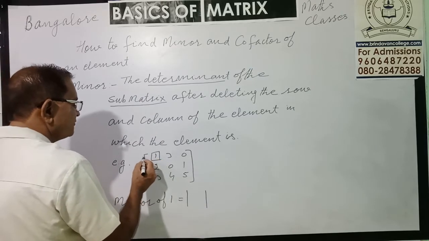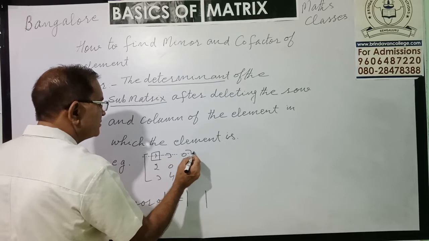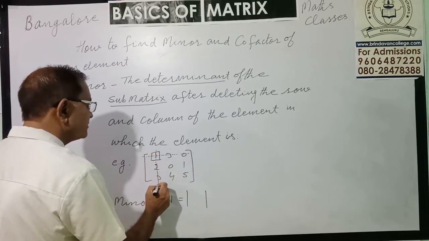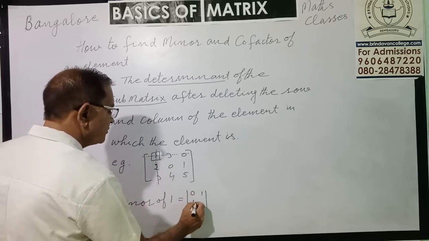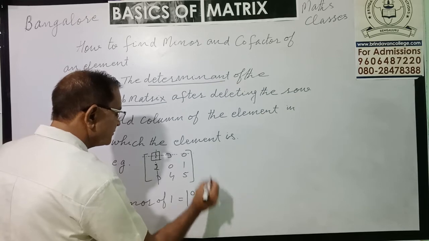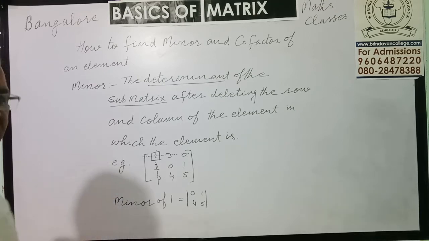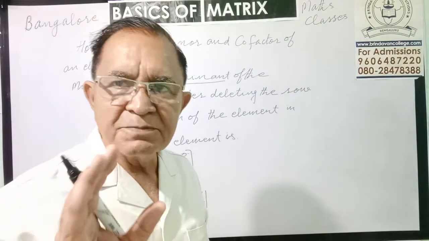Now 1 is there in first row, delete it. 1 is there in first column, delete it. We are left with 0, 1, 4, 5. That is how we can find the minor of the element. See, I am explaining it once again.